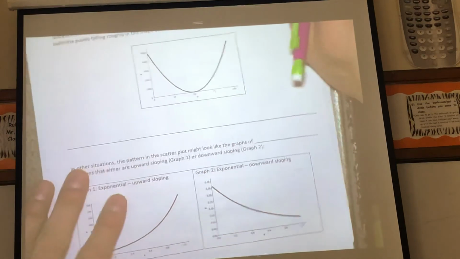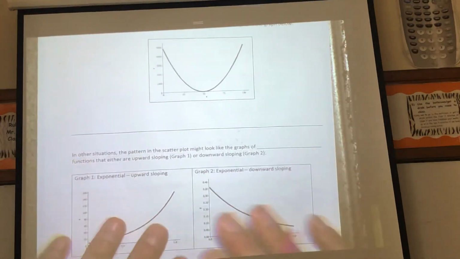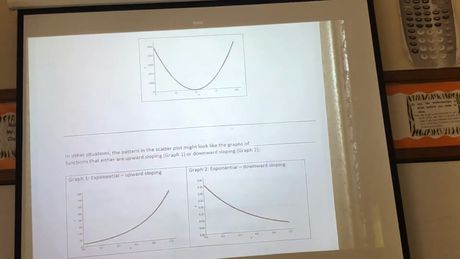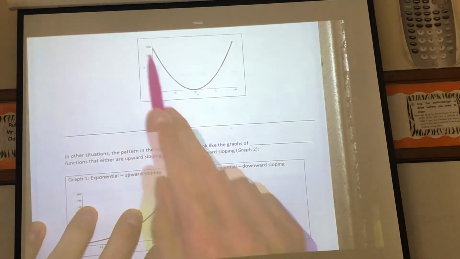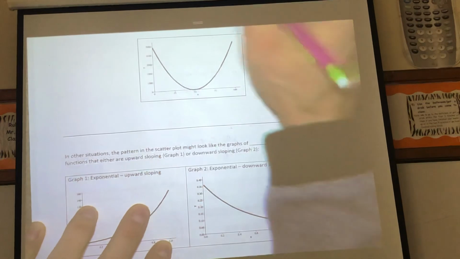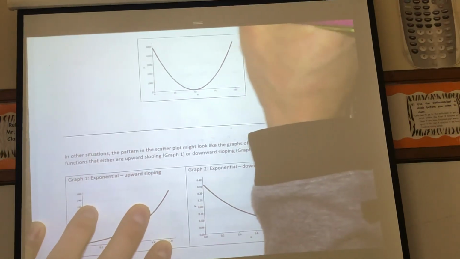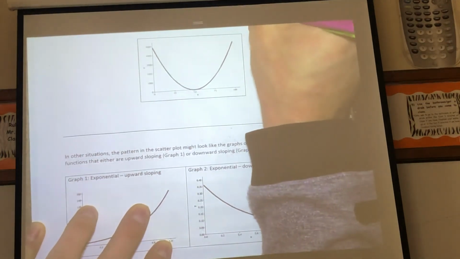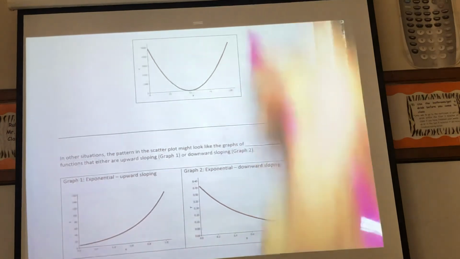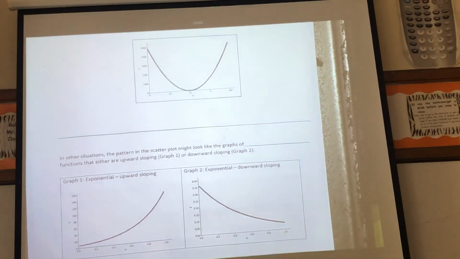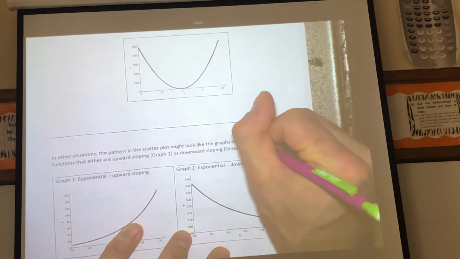Linear, quadratic, and exponential functions are common models that can be used to describe the relationship between variables. This one looks like a quadratic or a parabola. These ones, as we just talked about, look like exponential, growth or decay.